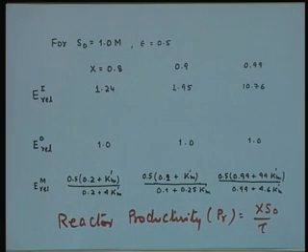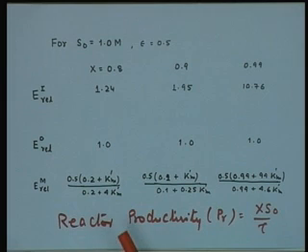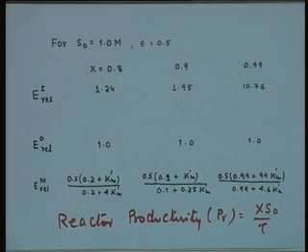Now, essentially you will notice that the reactor productivity is also linked with the fractional conversion. In the case of both types of reactor, the reactor productivity is directly linked with the fractional conversion, and obviously it is also inversely proportional to tau. If the tau increases, the productivity goes down.